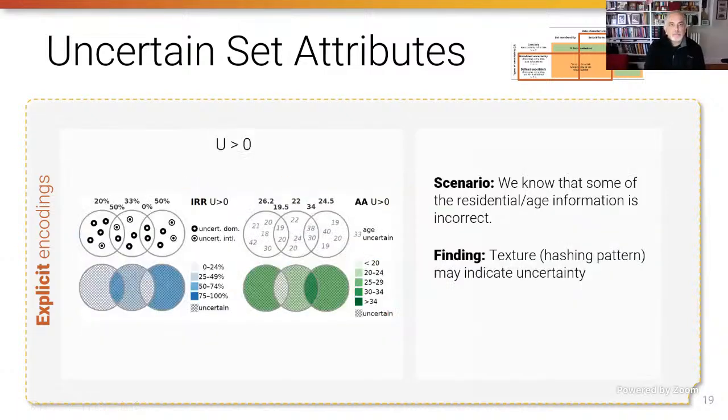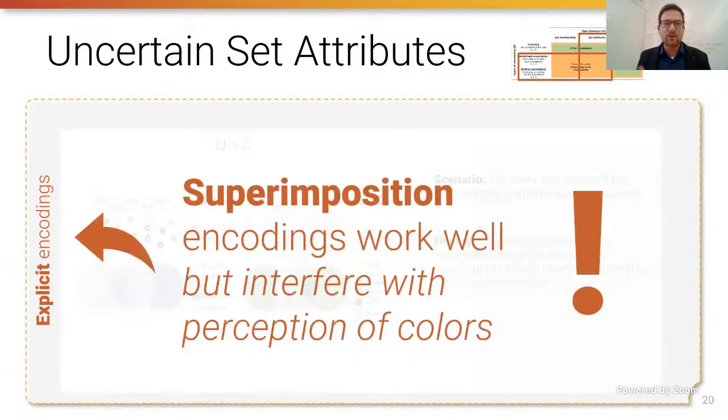Okay, that's fine. I'm going to start just over here, where we have this scenario of uncertainty of domain values, and on top of the certain values that we can easily show in the proportions, we found out that superimposition works well, but interferes with the perception of colors.